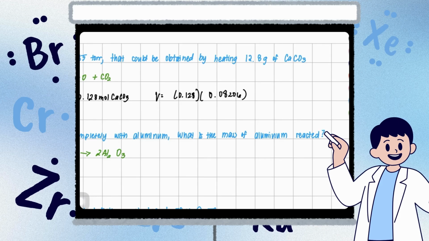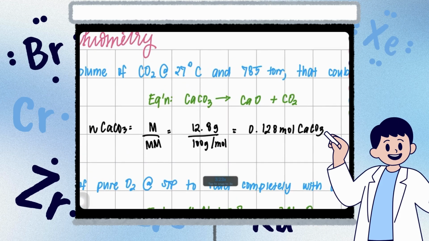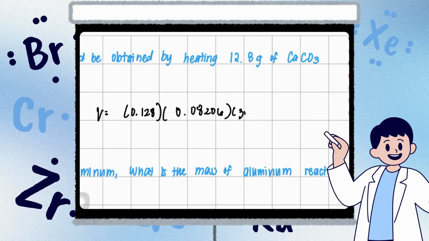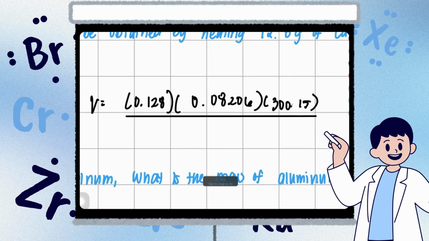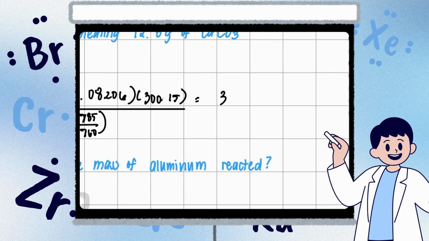Then for our temperature, we just have to add 273.15, and we will get 300.15 Kelvin, all over 785 torr over 760 torr. So we will get 3.05 liters for this problem.